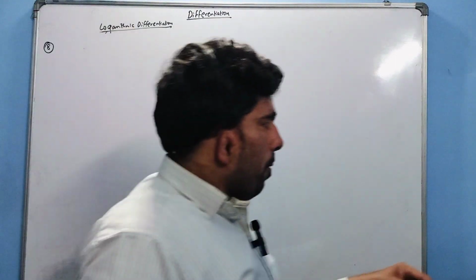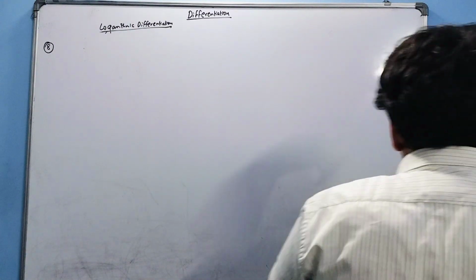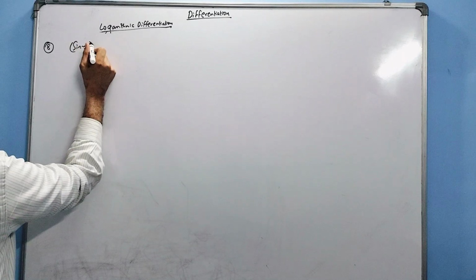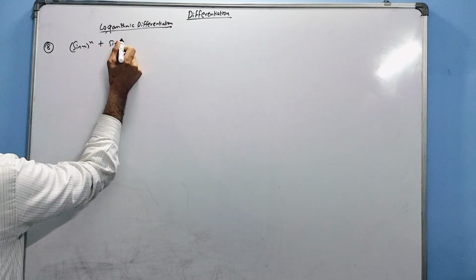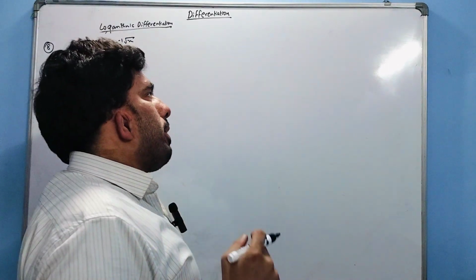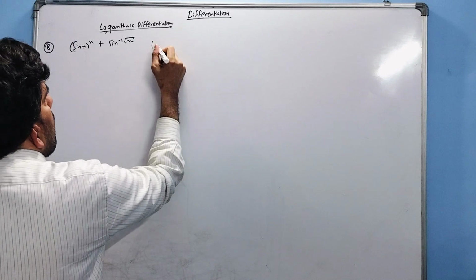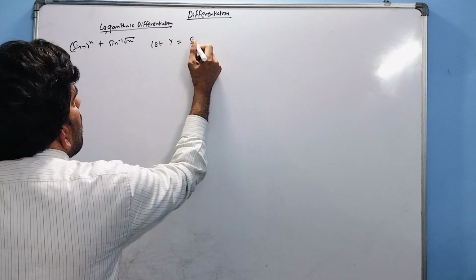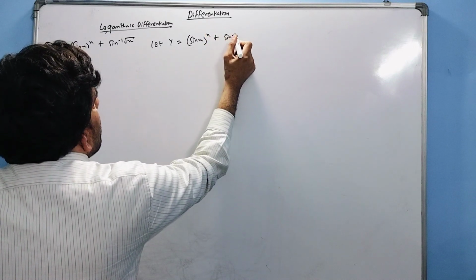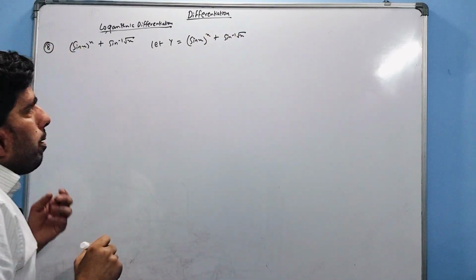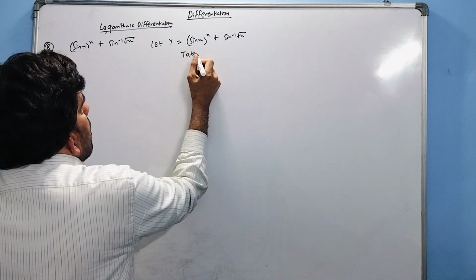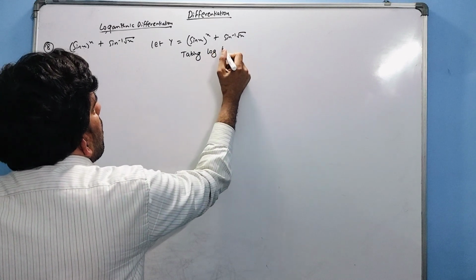So now 8th question is we have, that is sin x whole power x plus we have sin inverse root x. How will solve it? Let's take it as y. Let y is equal to sin x whole x plus sin inverse root x. Okay, so what we can do here, taking log both sides.